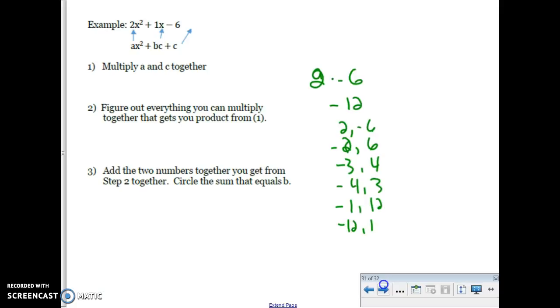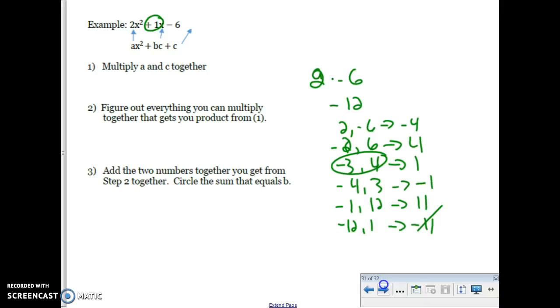Step 3, I want to find a sum that is equal to b, which is positive 1. I get negative 4, positive 4, positive 1. There's no need for me to do the rest. Negative 1 doesn't work, positive 11 does not work, negative 11 doesn't work, so I'm going to cross those out.